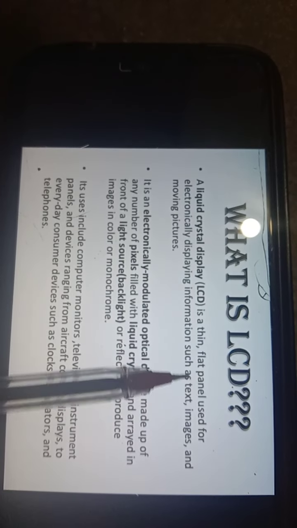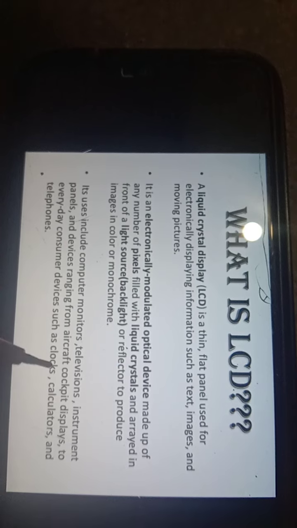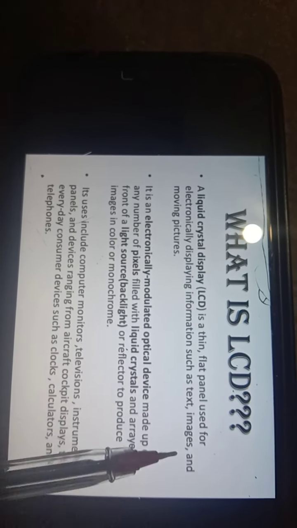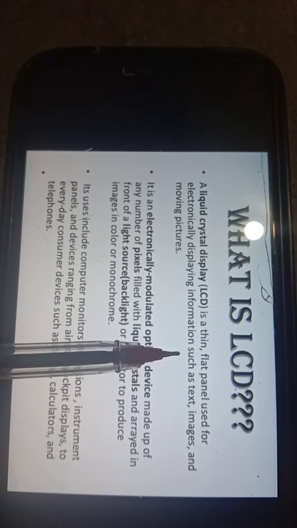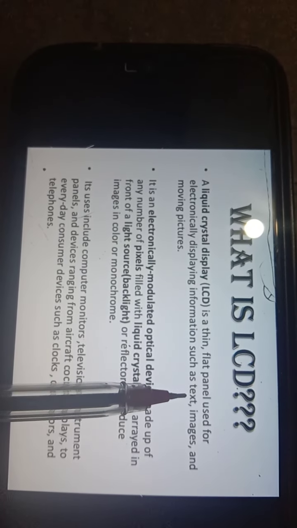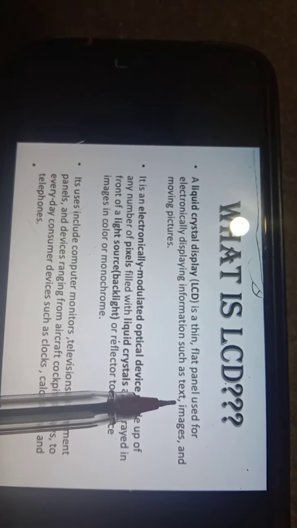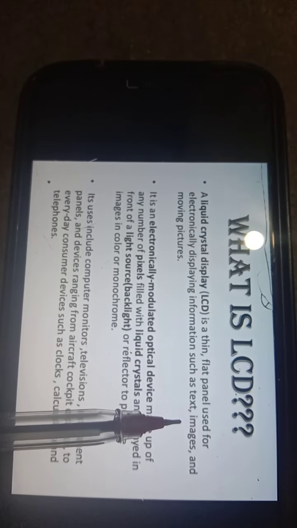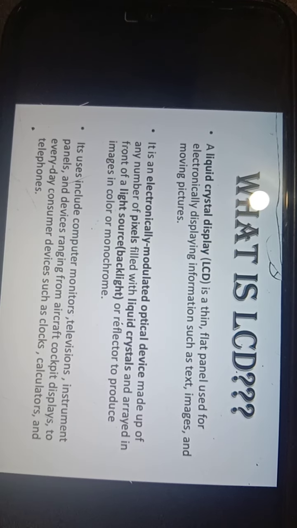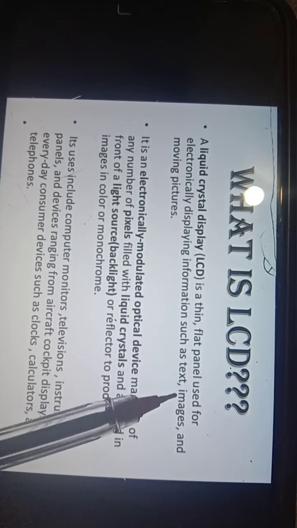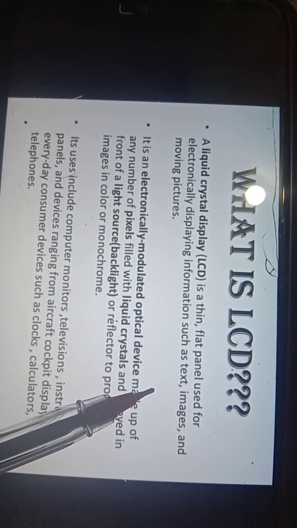Flat panel means just like our examination pads. They may be flat panels used for electronically displaying information. The information exhibited in terms of text means messages and all. Coming to images, images are very memorable ones.